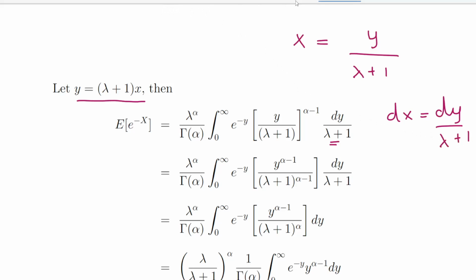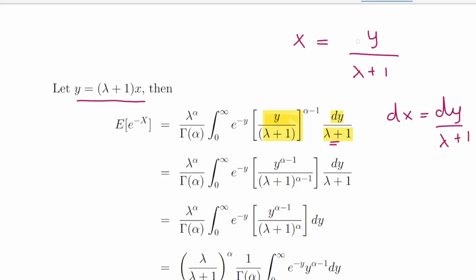So this is x to the power of alpha minus 1, which now is y divided by lambda plus 1, all to the power of alpha minus 1, and dx becomes dy divided by lambda plus 1. Okay, so that is it.